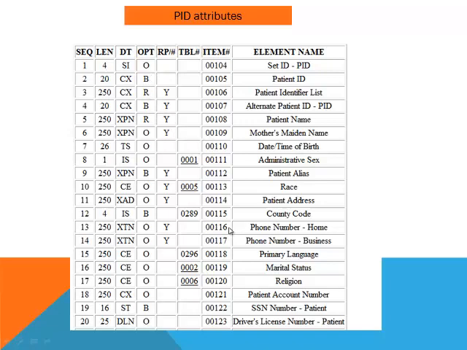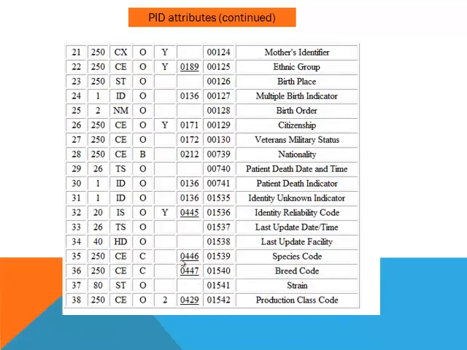Besides the B option, we also have C. C means the condition. So these are the codes that tell you whether a field is required, optional, backwards compatibility, or conditional.